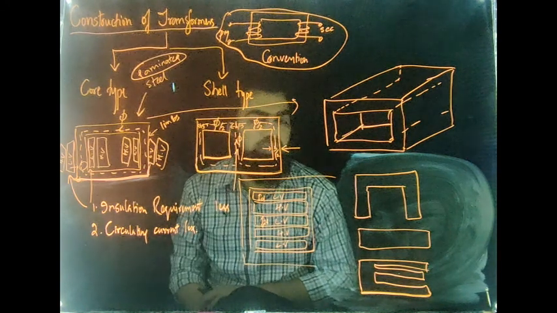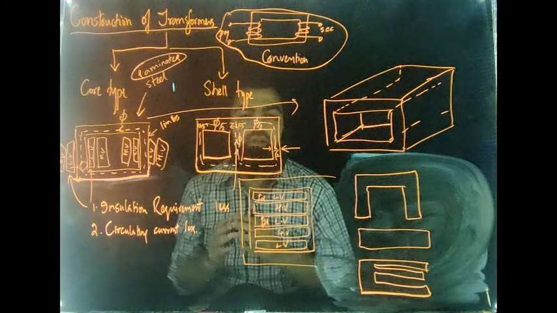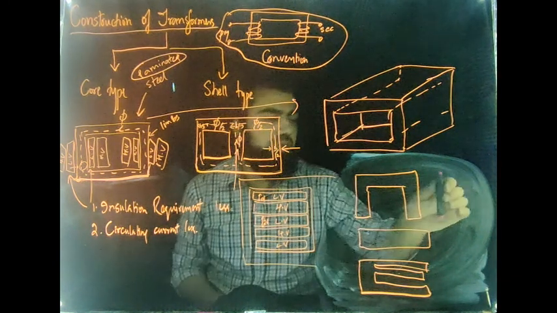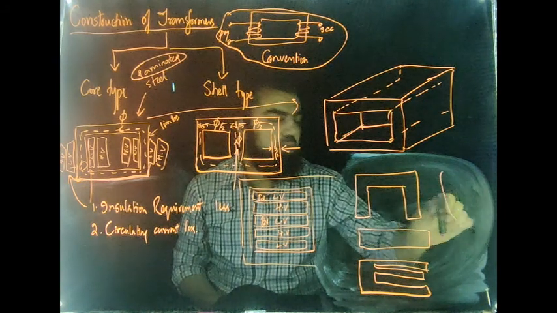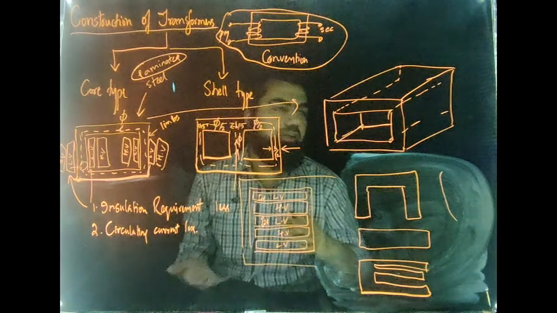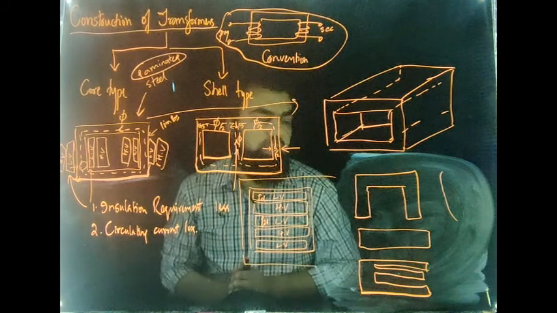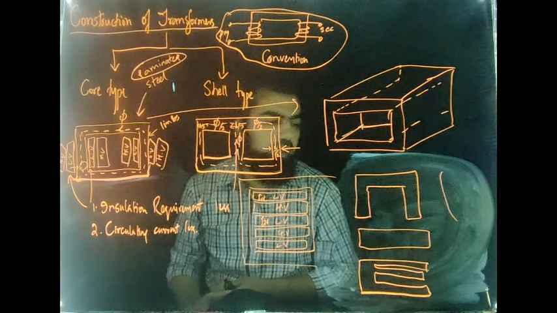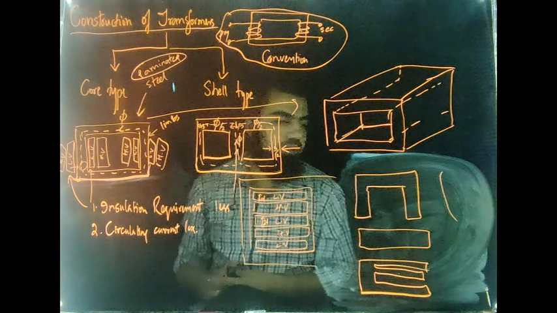One more thing we do in the case of transformers is that this core is tapered. It's somewhat circular in nature, not exactly circular, but at the center, the core of the transformer has more diameter as compared to its peripheries, and this is used for uniform flux distribution.